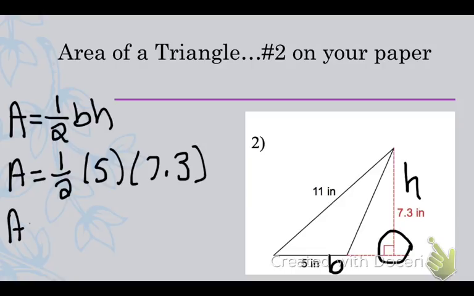And just as before, we're going to rewrite the 1/2. We're going to multiply 5 times 7.3. We get 36.5. And again, to make our lives easier, we're just going to divide by a half.